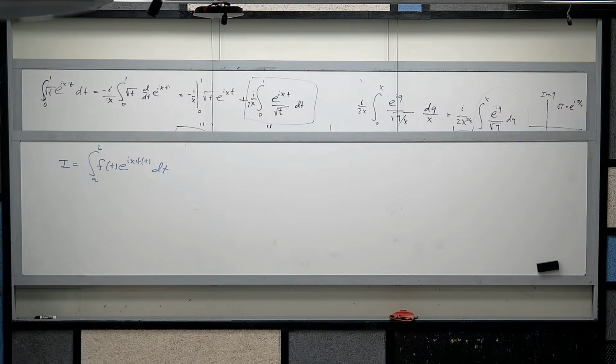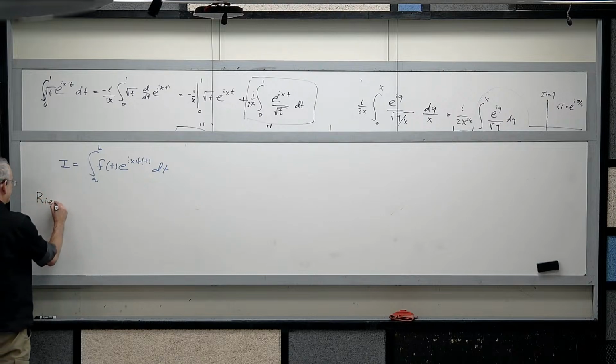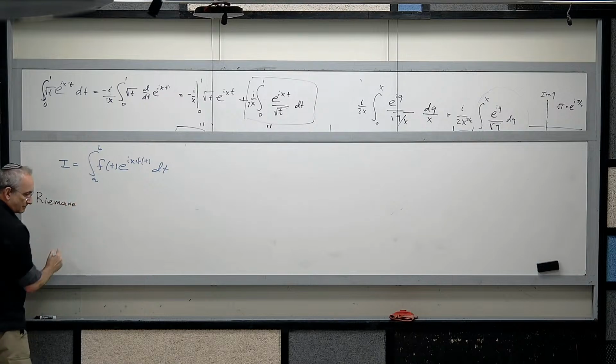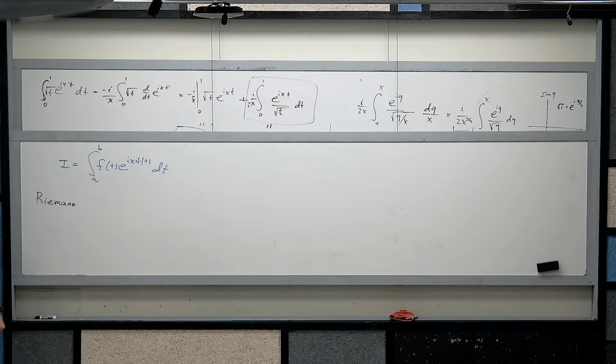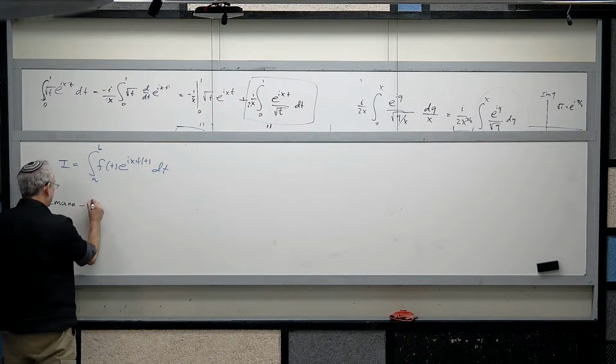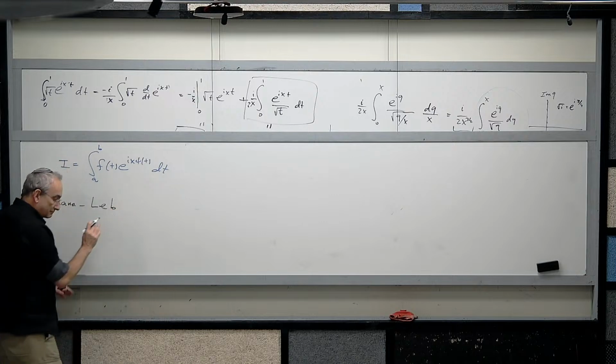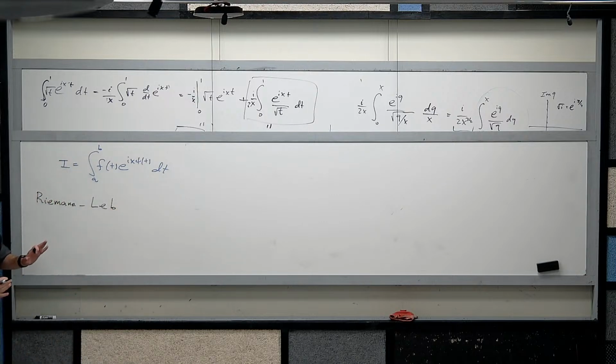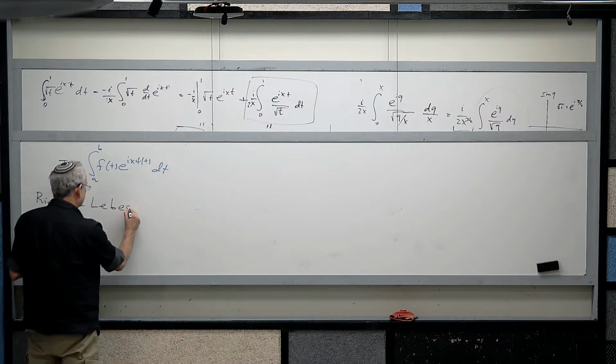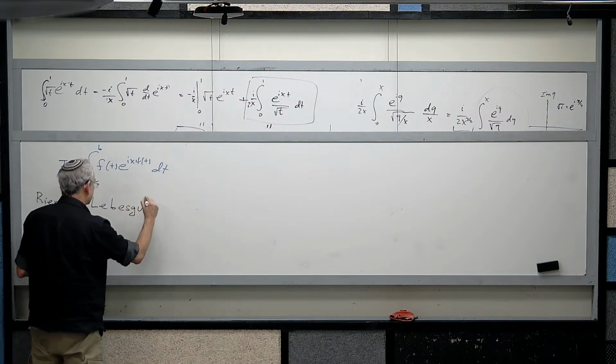Riemann with a double n, and Lebesgue, letter by letter, with a small s.